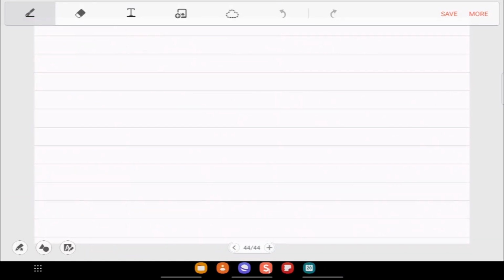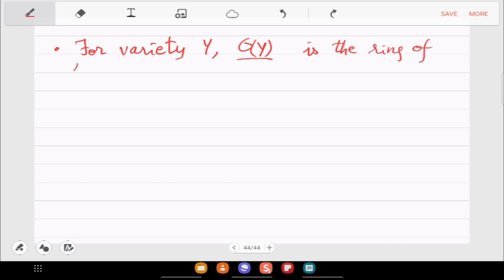And the second thing is, for a variety Y, O_Y is the ring of regular functions on Y. So I've already said that it's a ring, but you can also deduce that from the definition of regular functions, because at a point we had picked an open neighborhood U, and there it was written as G by H, right?